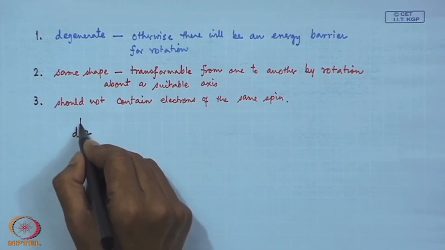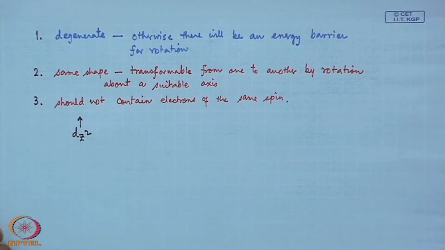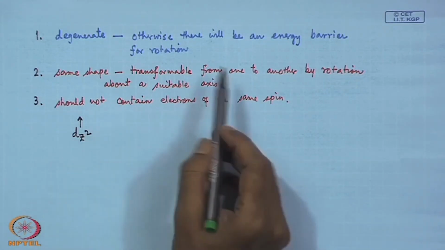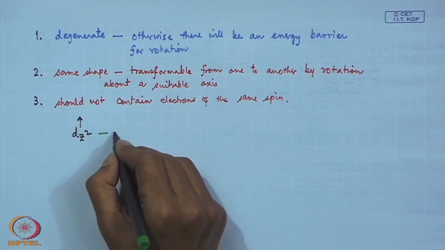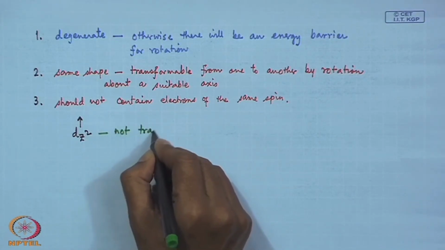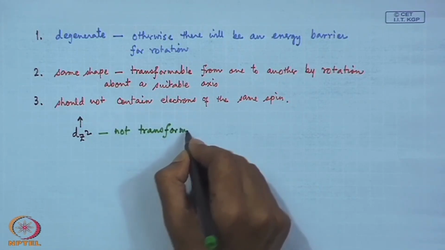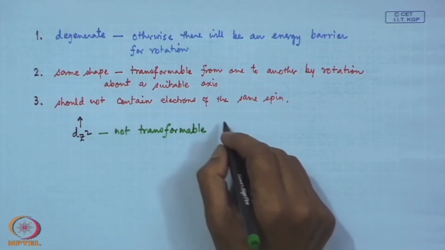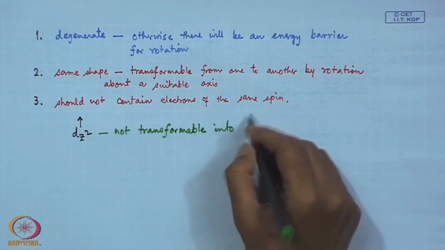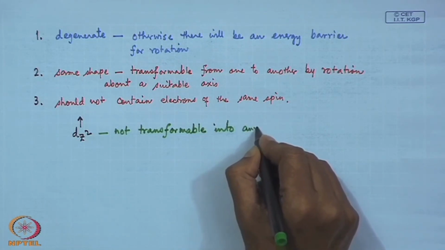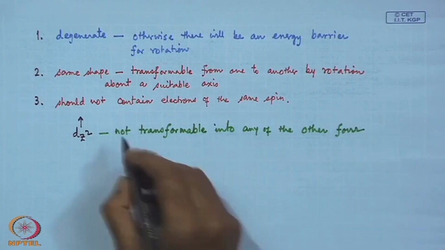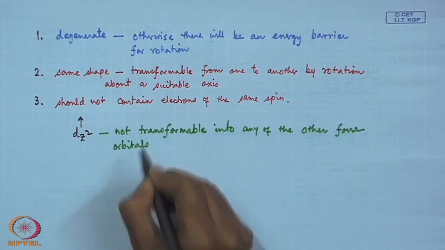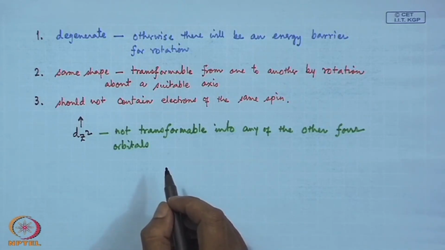So, whenever we have an electron in this dz square orbital, that means the electronic configuration is dz square 1, then we see whether this can be transformable from one to other by rotation or not, but this dz square is not transformable into any of the other 4 orbitals, that means dx square minus y square and the t2g set.